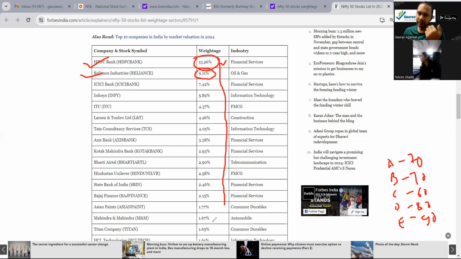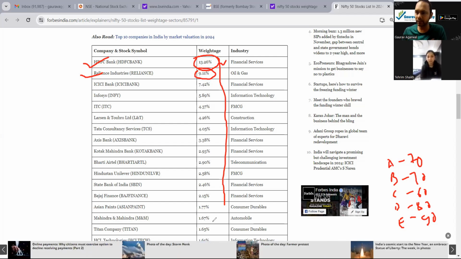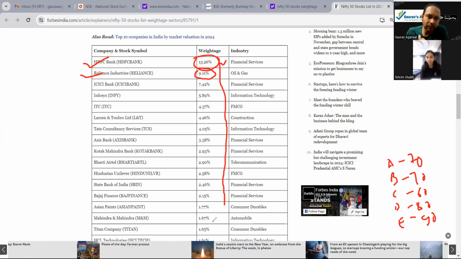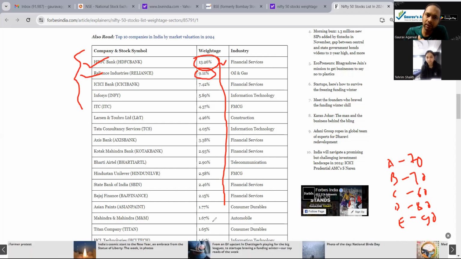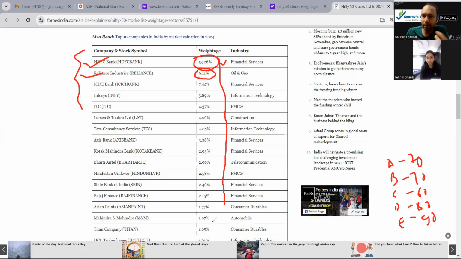You might have heard sometimes that Nifty 50 is increased by certain points or Nifty 50 is down by certain points, right? It depends on the weightage of these stocks. If these stocks are going up and down, these stocks will take Nifty also up and down. So based on these percentages, it will go up and down, right? Understand? Any doubt in this?